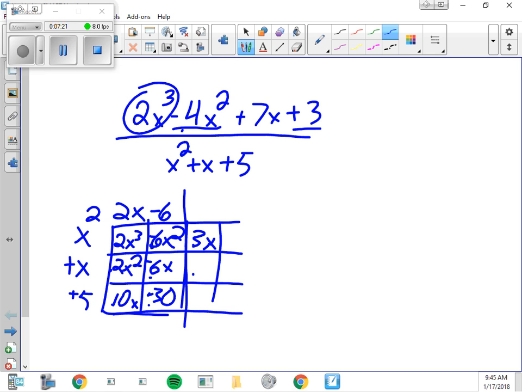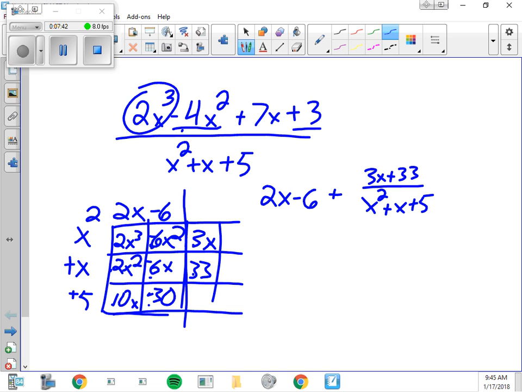So it would be 33. Okay, so I end up with 2x minus 6 plus 3x plus 33 over x squared plus x plus 5.